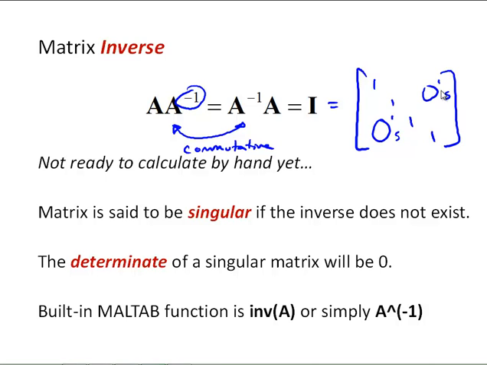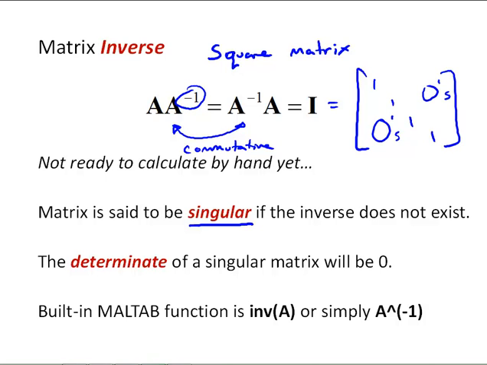We're not quite ready to do this calculation by hand, but it's important that we know this definition. Because this is commutative, it should be apparent that it needs to be a square matrix in order to have an inverse. A couple other notes. A matrix is said to be singular if the inverse does not exist.